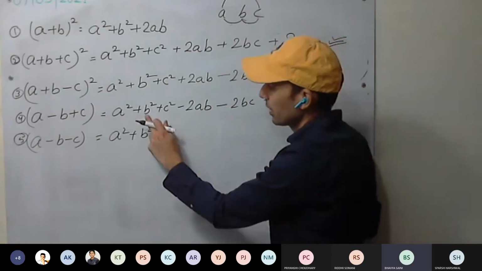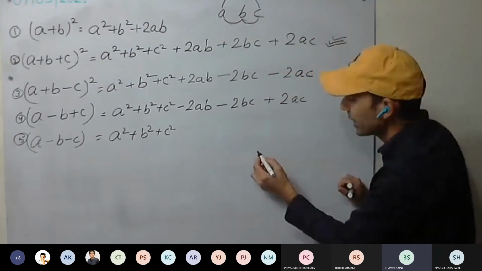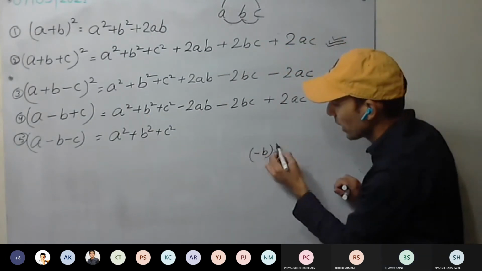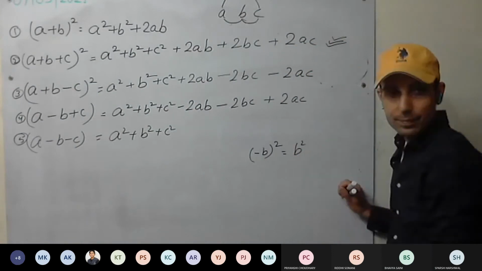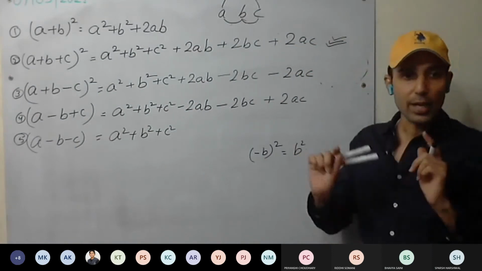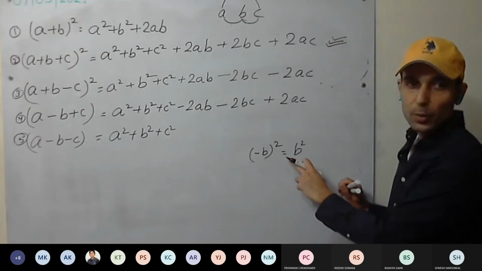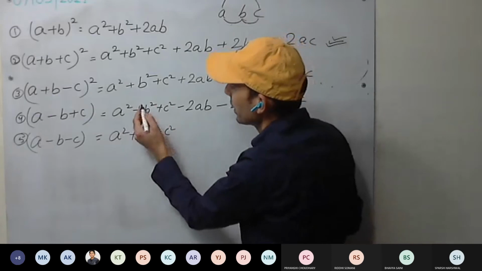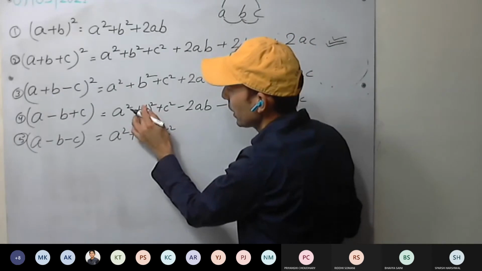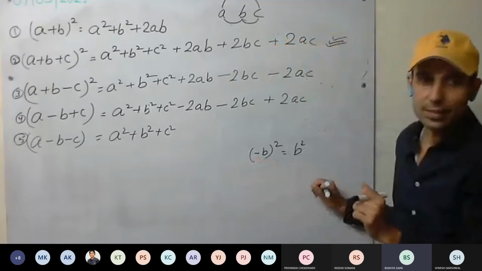A square plus B square, and a minus sign is with B. Minus B square, how much is it? B square, yes or no? The square of a negative number is always positive, and the square of a positive number is also positive. Instead of B, put minus B. So minus B the whole square will be plus B square.